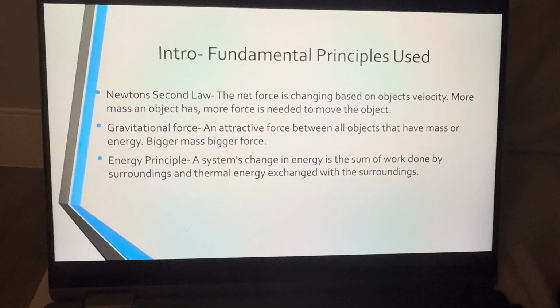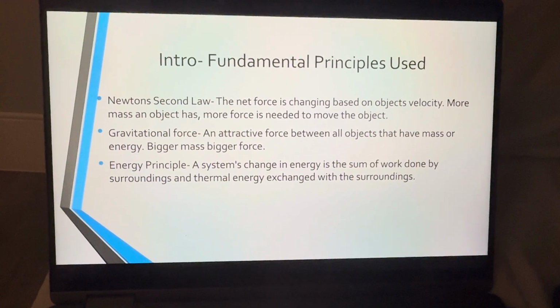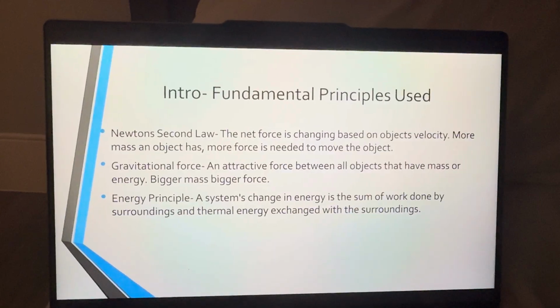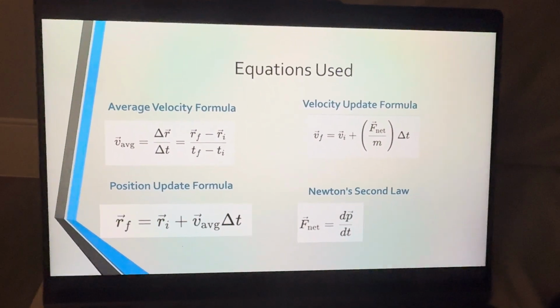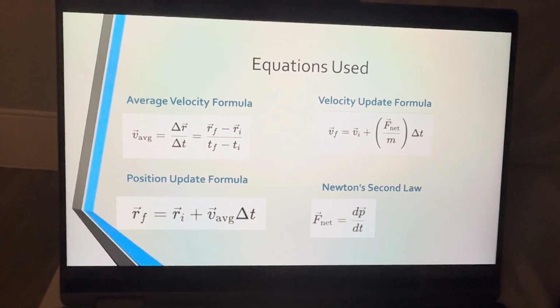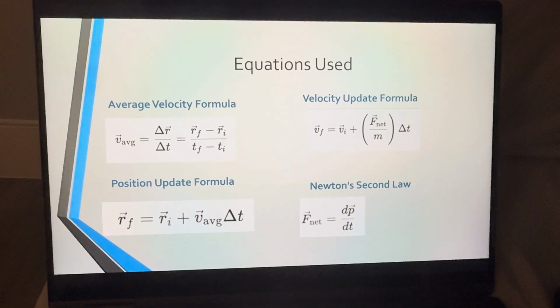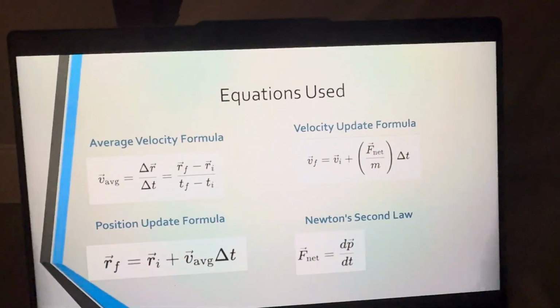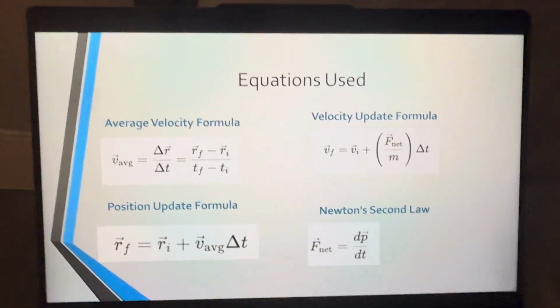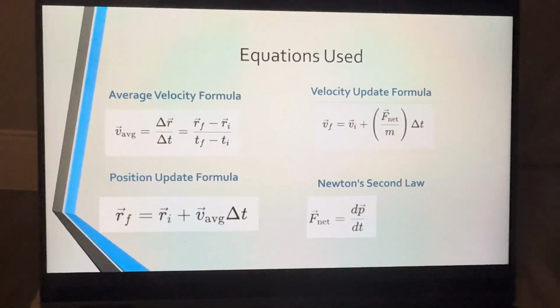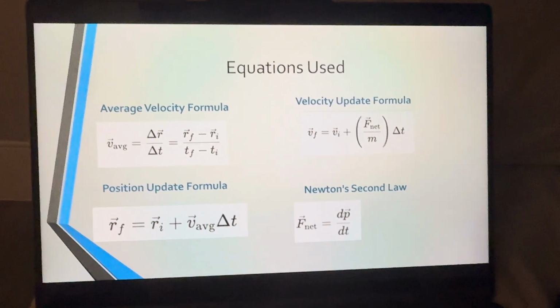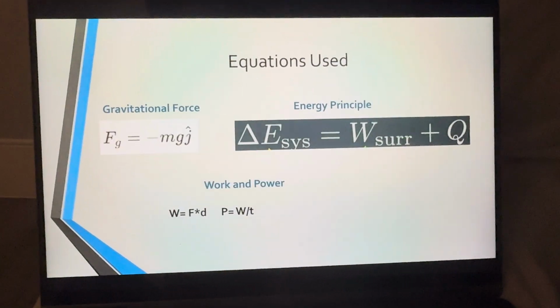And the energy principle: a system's change in energy is the sum of work done by surroundings and thermal energy exchanged with the surroundings. Some of the equations use the average velocity formula to get the initial velocities, the two position and velocity update formulas in order to update the mass's position along the model with the spring, and Newton's second law, F net equals dp dt, or the change in momentum, in order to see all the forces adding up.